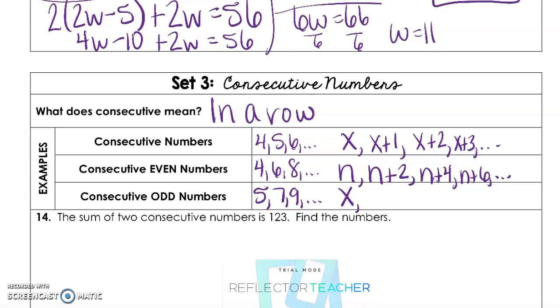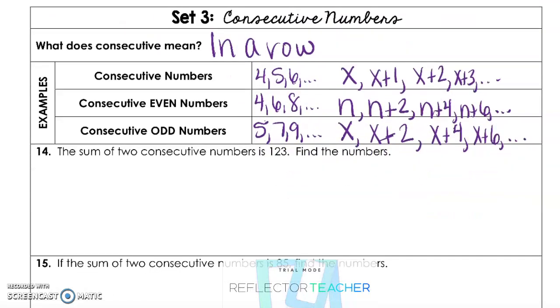If you start with an odd number like you have to, in order to get to the next odd number, you need to add 2 again. It's 2 away. So another 2 makes it 4 total, 6, so on and so forth. So your even and odds are going to look the same. It all depends on what number you start with, if it's an even number or an odd number.